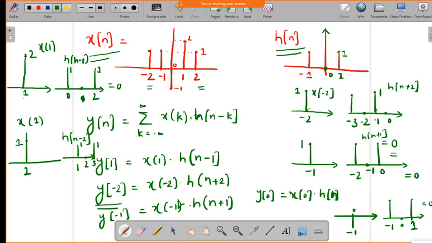So now at 2 you can see, 1 into 0 is 0. Now for this particular case y of n will be the addition of all these impulses. Since all of them are 0, the output will be 0. Is it not? Understood now?